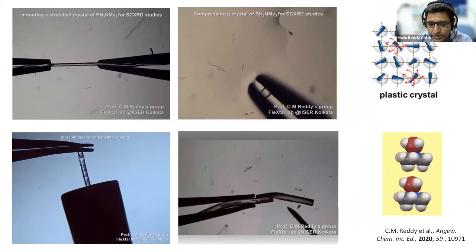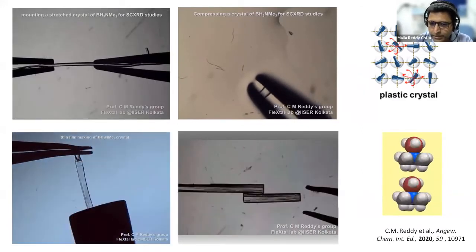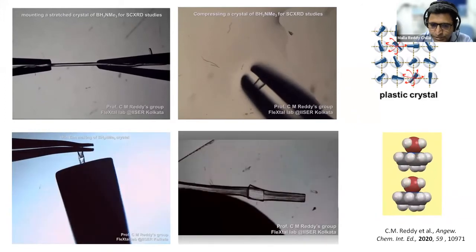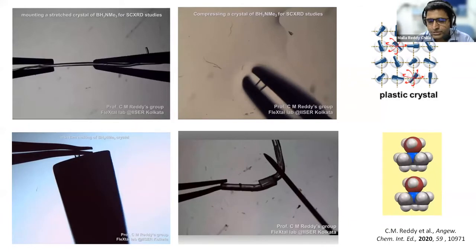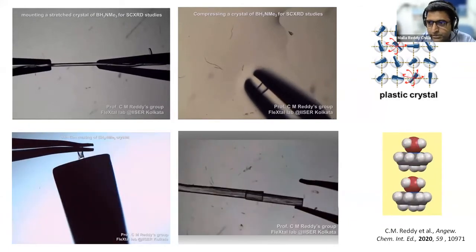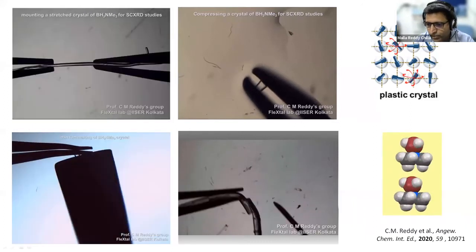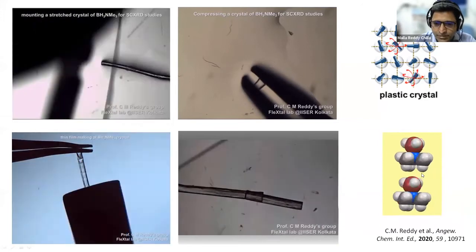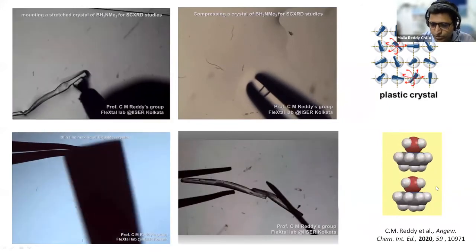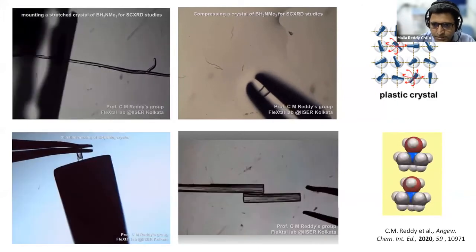Very little stress is enough, but if you want to do it quickly, you just compress them a little harder, and you see that they beautifully get compressed and attached to each other. This is very unusual for molecular crystals. We studied these crystals, and you can look at this paper. We see that you have molecular rotations in these crystals, which is why they are plastic. By definition, you can call them orientationally disordered crystals or plastic crystals.